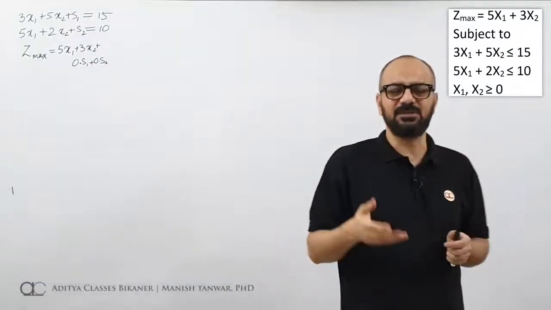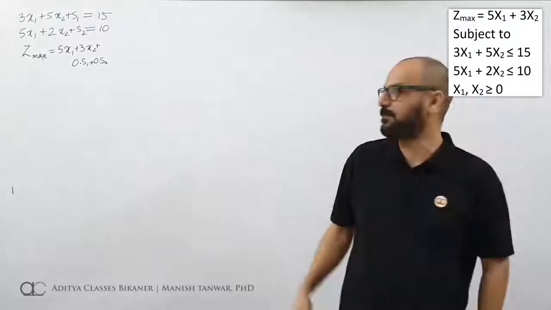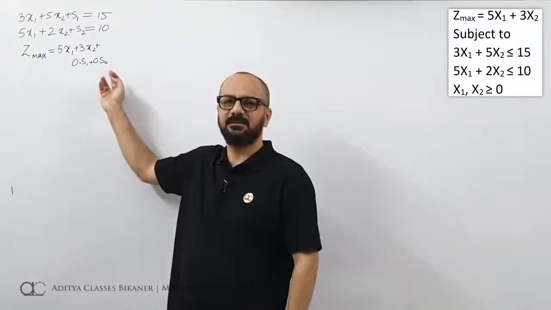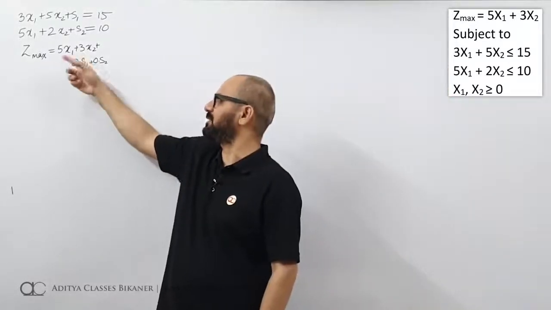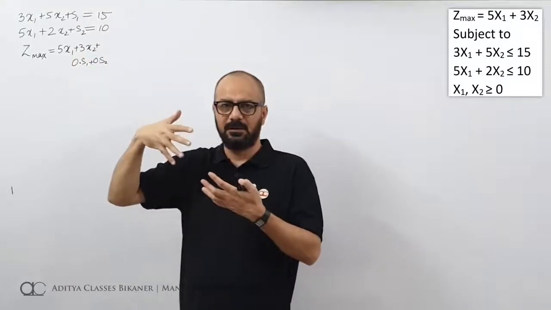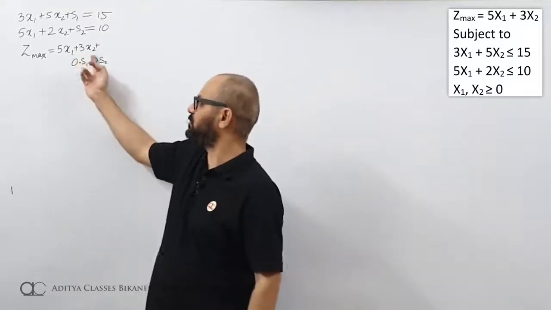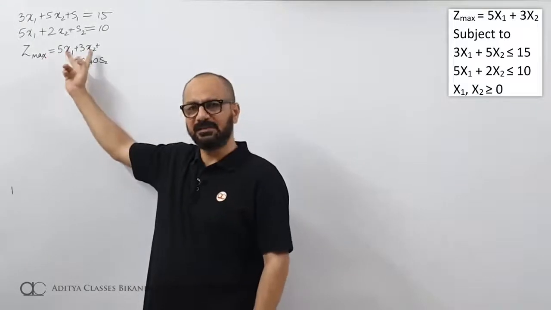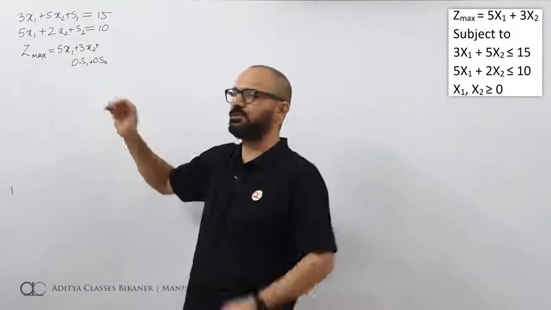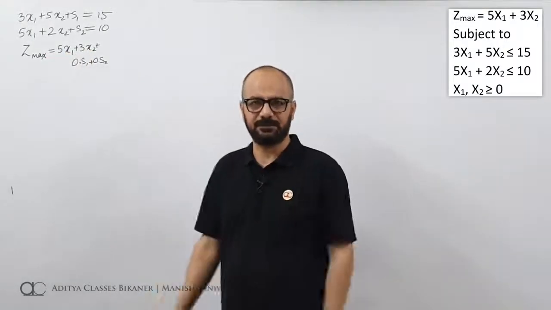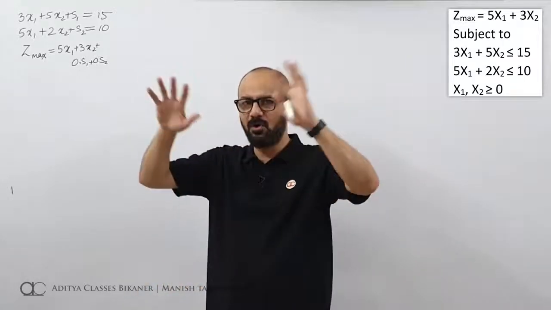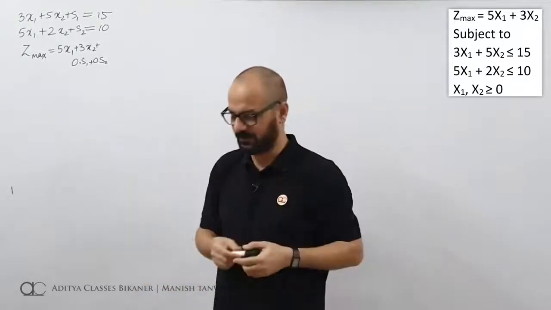What does this 0 into S1 do? It makes the term 0. This term becomes 0, this term becomes 0. So ultimately my objective function is still an accumulation of profits coming from x1 and x2. It is still the same, but these variables have been included in the objective function to reflect all the variables available in one objective function.